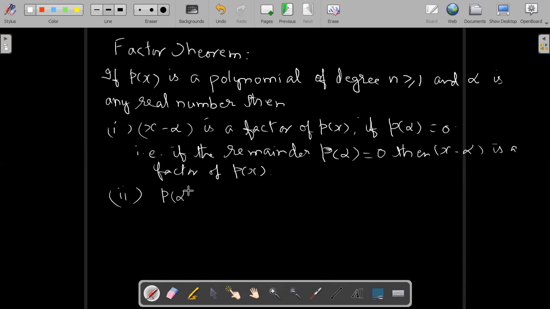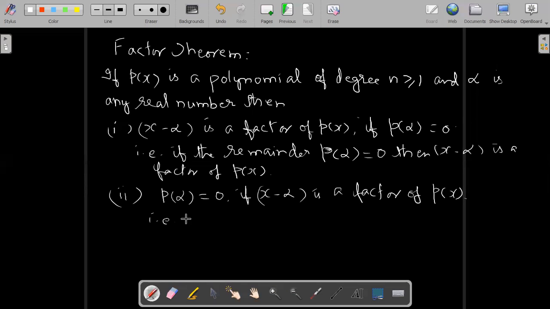P alpha is equal to 0 means the remainder is 0 if x minus alpha is a factor of px. That is, if x minus alpha is a factor, then the remainder will be 0.